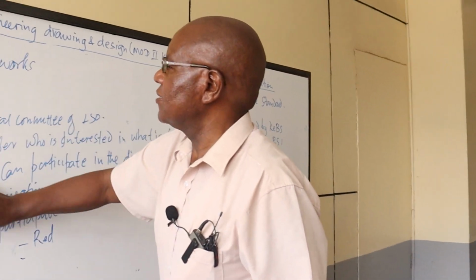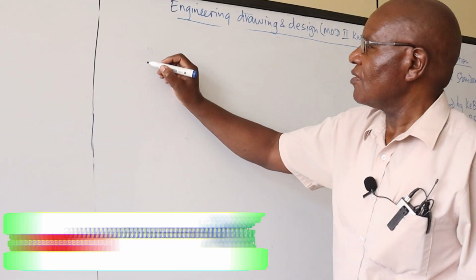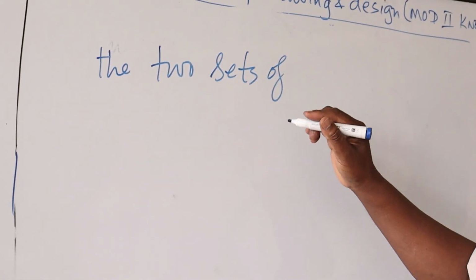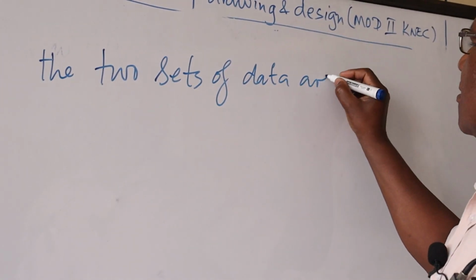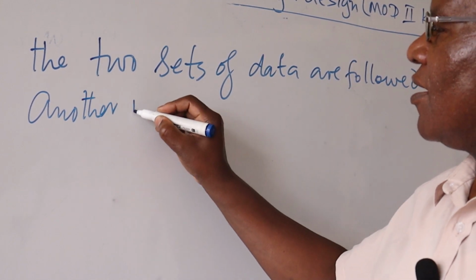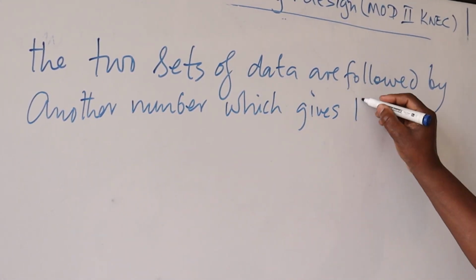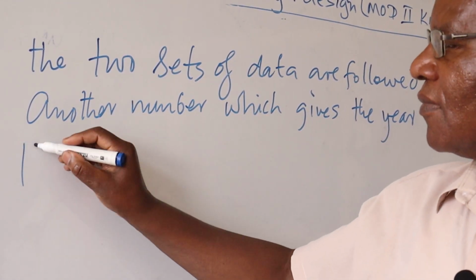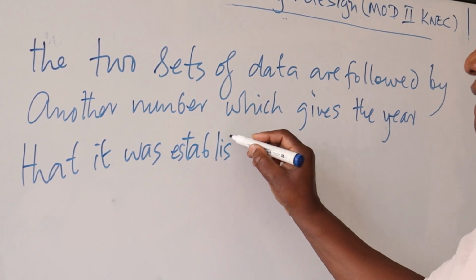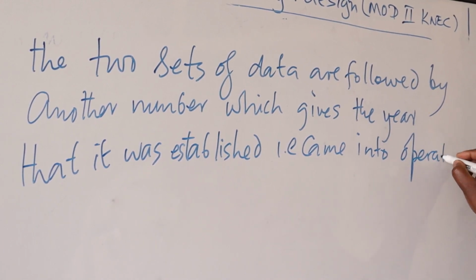Now those two sets of data are followed by another number, which gives the year that it was established, i.e. came into operation.